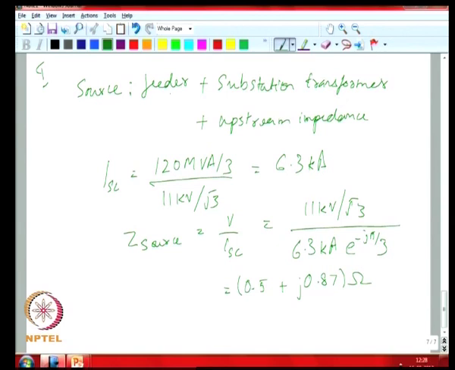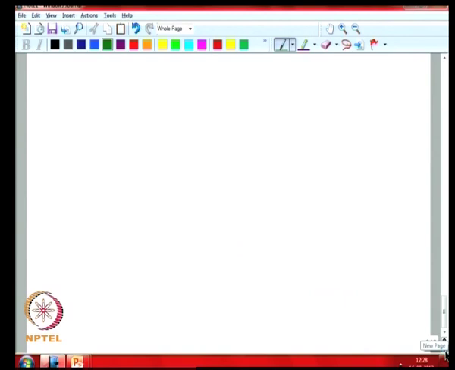And if you want to look at what this means on a per unit basis, your source is 10 MVA. By source I mean at the substation this is 10 MVA.